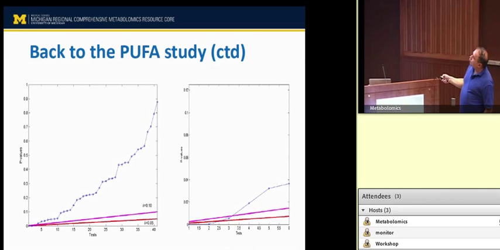So if I were to call anything below 0.1 as significant, I will have these 10, as we saw in the previous table. If I use the more conventional threshold of 0.05, I would still have 5 compounds that I will call significant. However, if I do that and I call these 5 significant, I'm running this risk of having false positives at a much higher rate than I would like to control for.